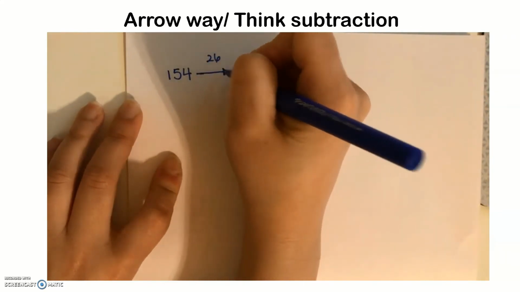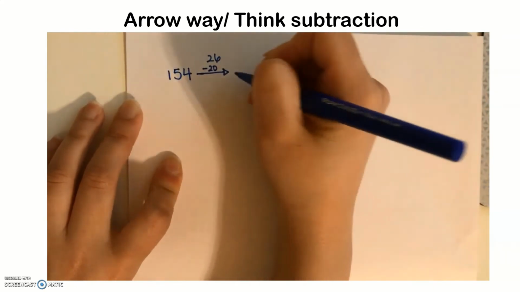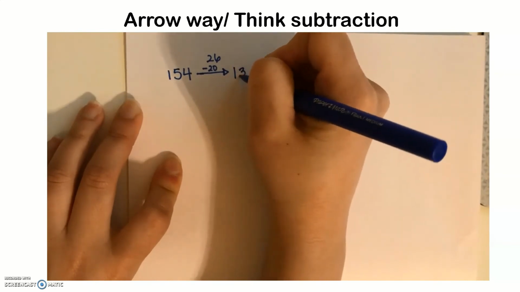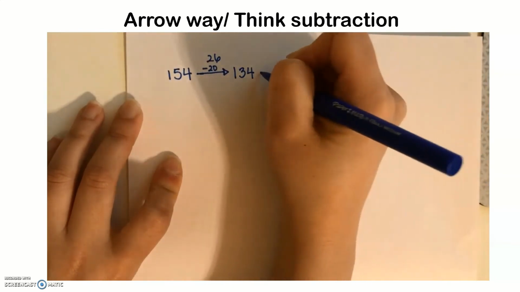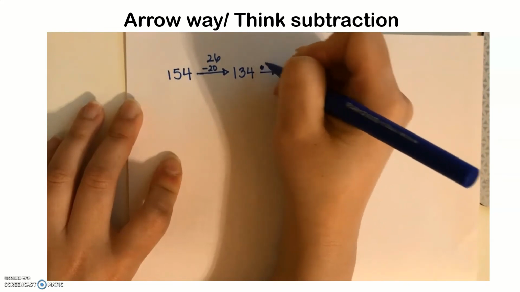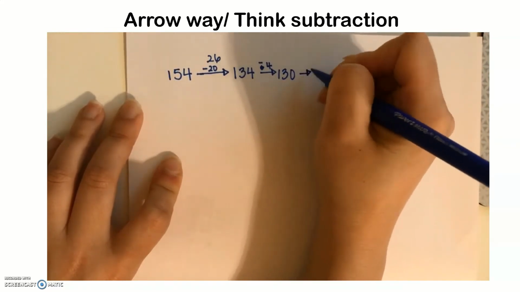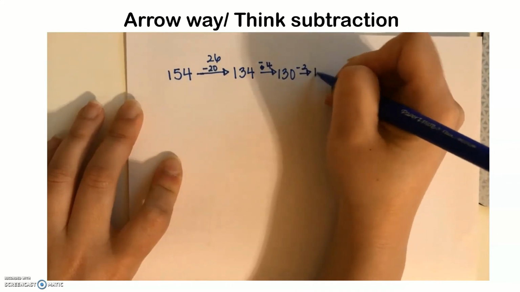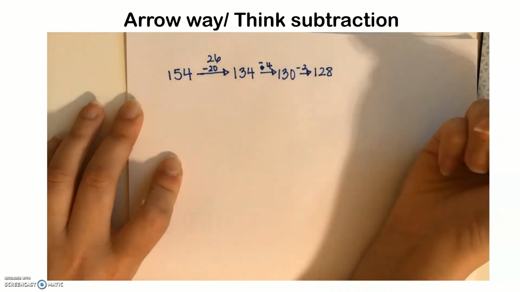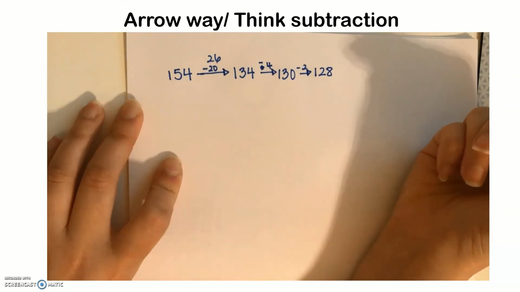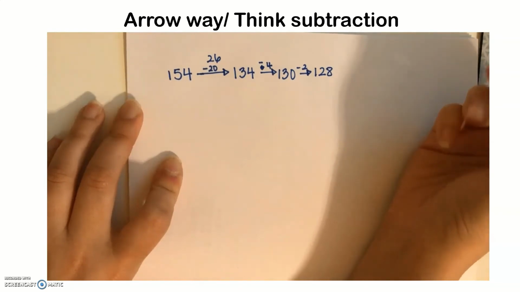What you're technically doing is you're taking away 20, and it gets you down to 134. And then you're taking away 4, and you get 130. And then you can take away 2 more, and you get 128. Which is the arrow way.